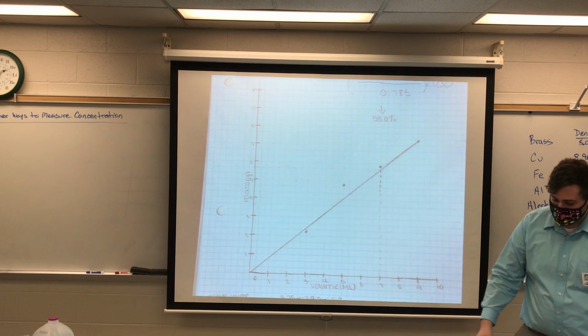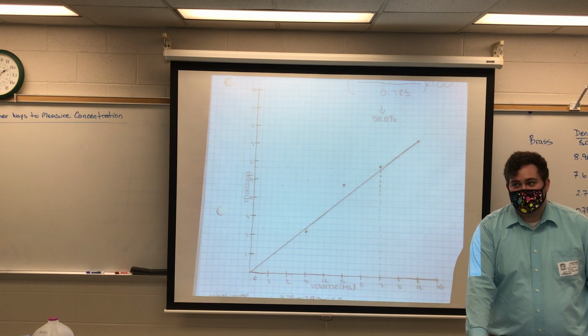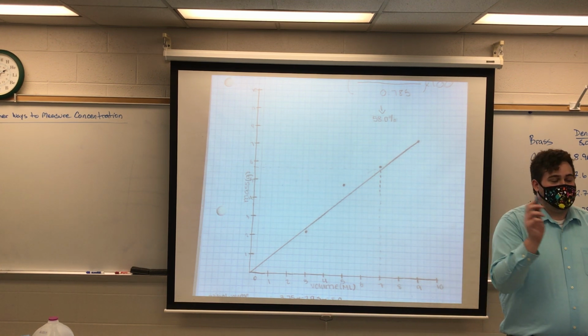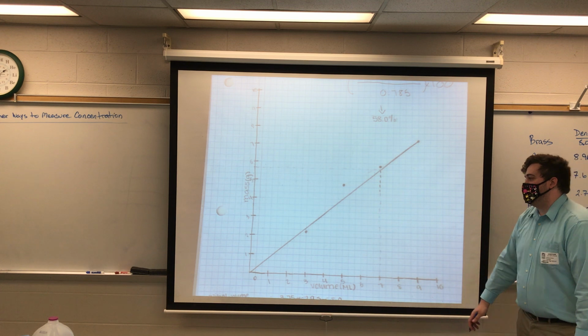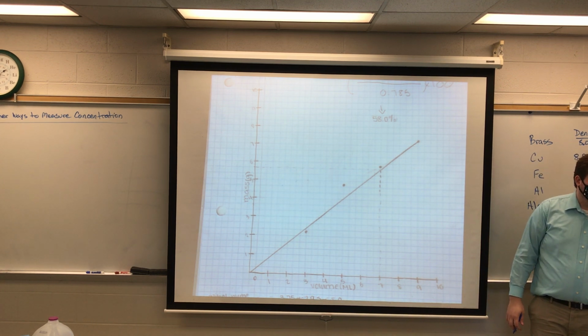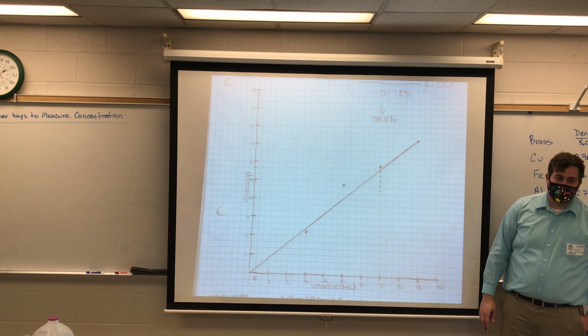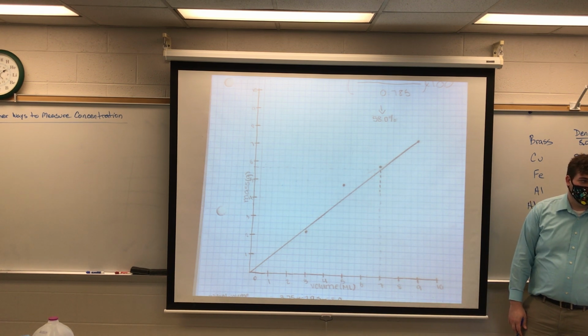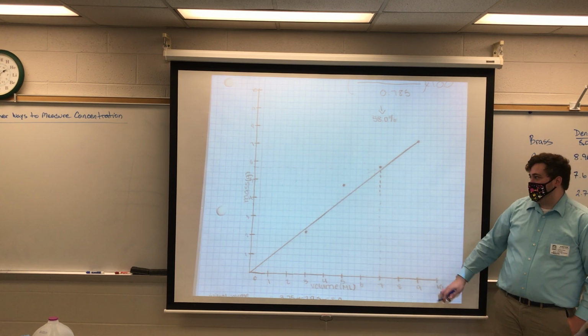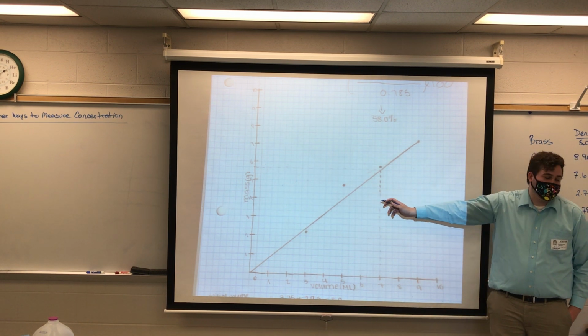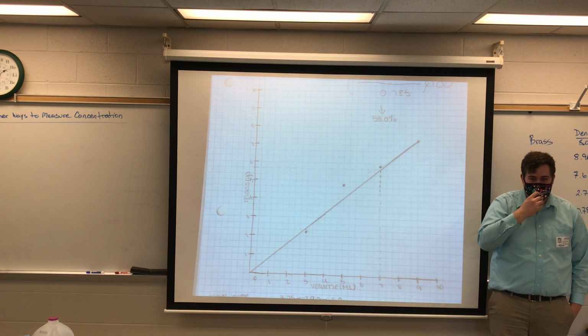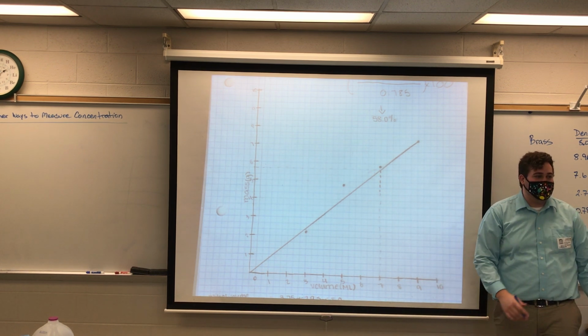So, first off, Taylor, how do we calculate the slope of this graph? Two points. Well, you want to get them in between the axis. Yeah, between the axis, but which points do we want to grab? On the line. On the line, perfect. That's the reason we have the best fit line, so we can actually have a slope.